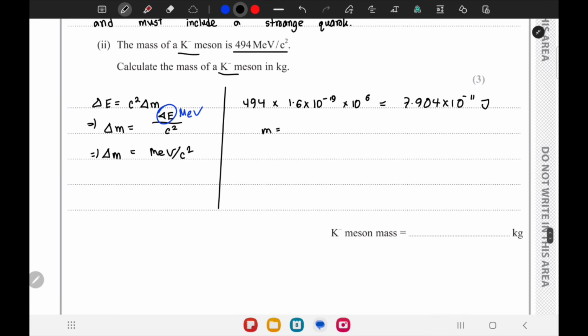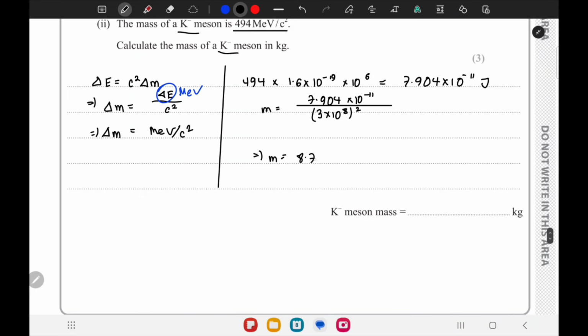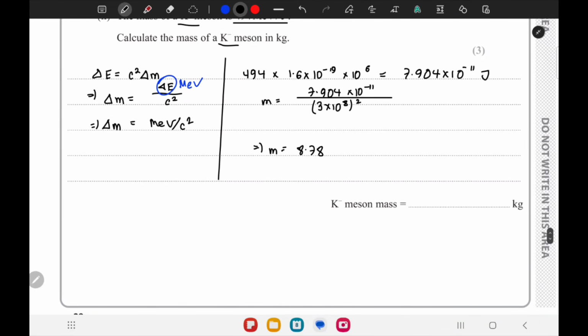So the mass would be 7.904 into 10 to the power minus 11 divided by c squared, so 3 into 10 to the power 8 whole squared. The mass comes out to be 8.78 into 10 to the power minus 28 kilograms.